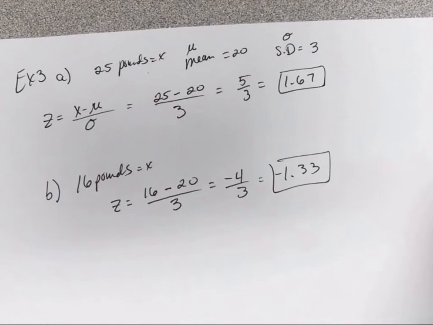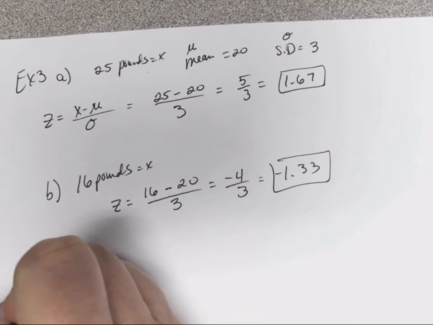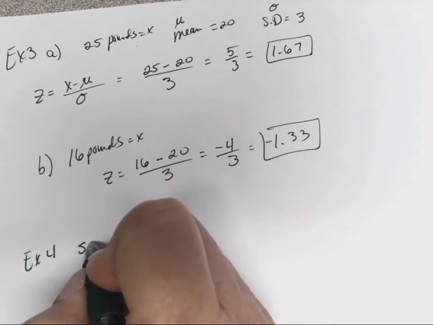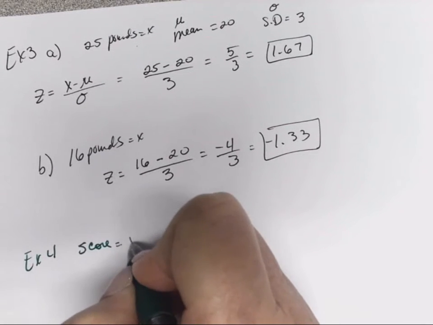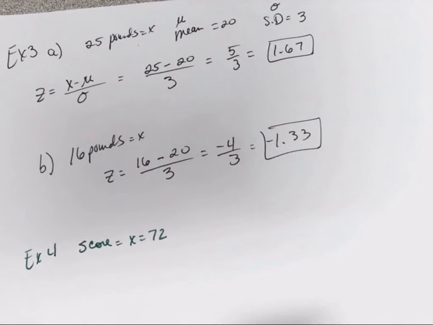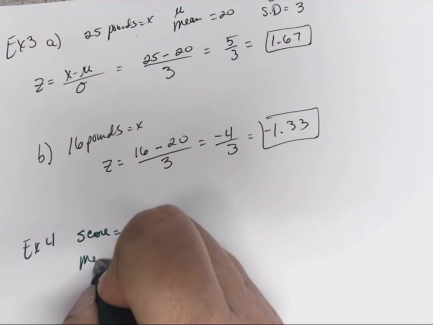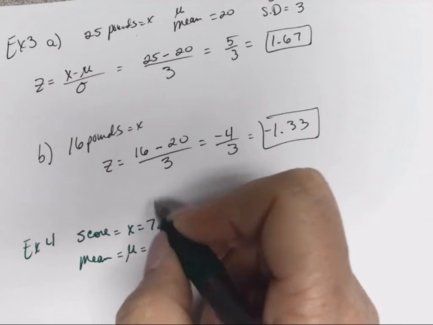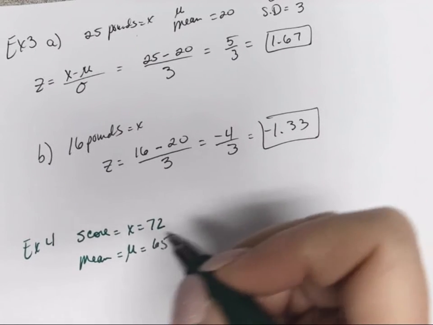Alrighty. So we're on to example 4. Let's figure out what we have. We have a score, which will be our x, which was 72. We were told that the mean, which again is our mu, is equal to 65.